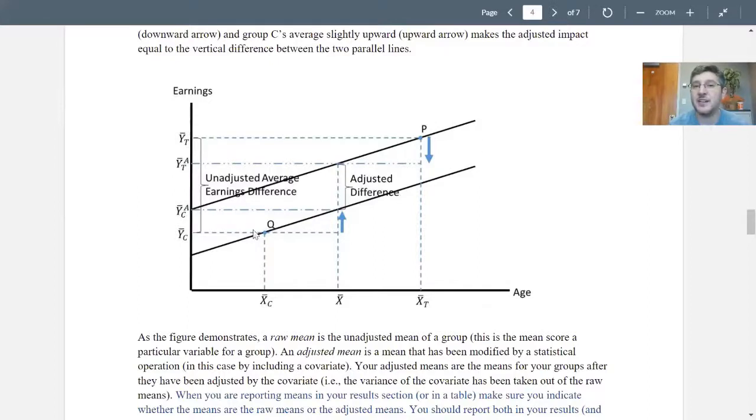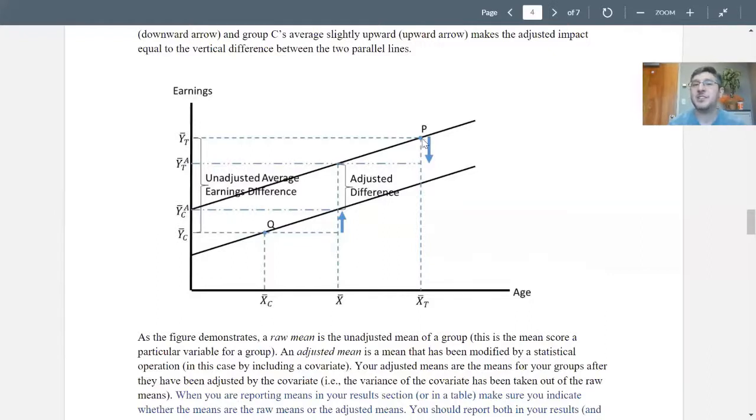And then it also shows you the idea of the adjusted means. This point P here would represent the average age and the average earnings for people in the treatment group.